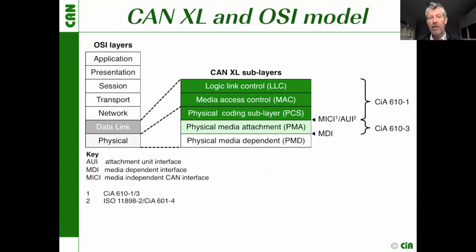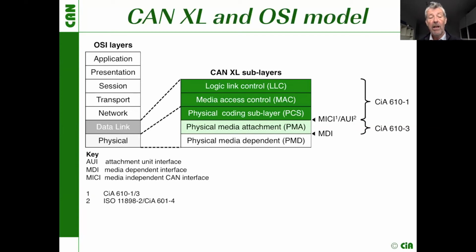In the CAN XL and in the OSI layers, you see it's quite clear that what is colored in dark green is what is implemented in the CAN controllers, and this is part of the CiA 610-1 document. The CAN XL SIC transceivers will be specified in CiA 610-3.